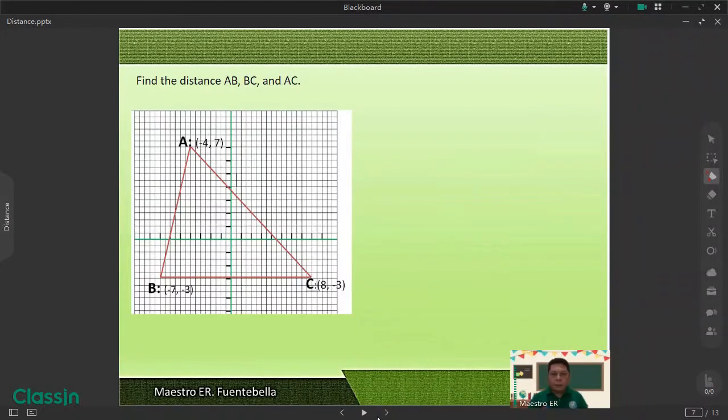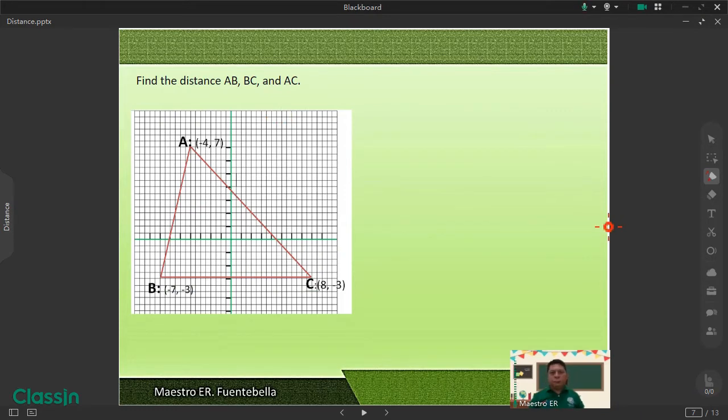So let us take another example. So we have that given triangle ABC, where point A is at (-4, 7), point B is at (-7, -3), point C is at (8, -3). So find the distance AB, distance BC, and distance AC.